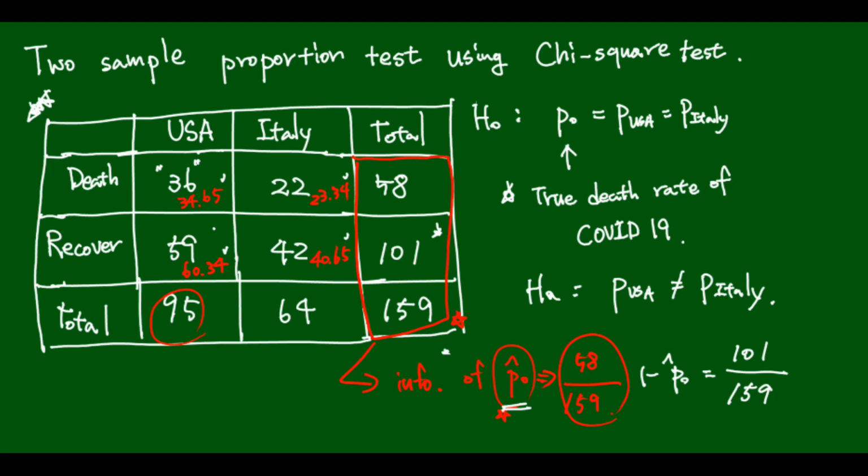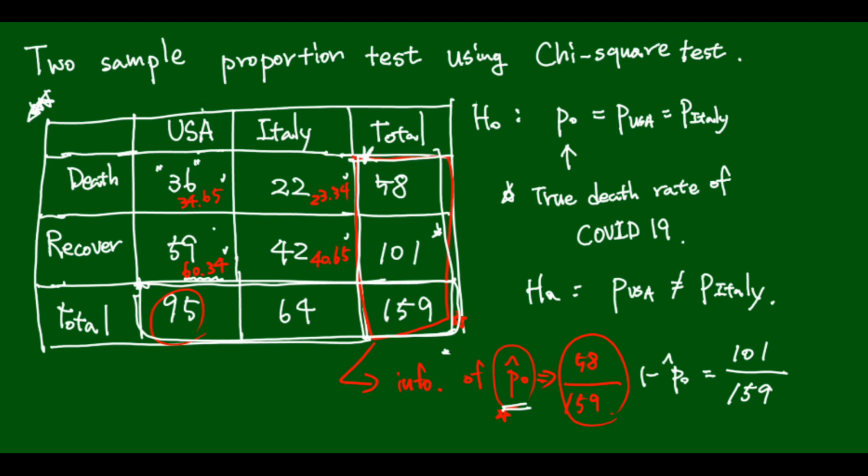When you think about the meaning of this expected count, we are calculating these numbers using only the information we can get from the marginal distribution, which means we don't look at each cell, we only use the information from this row and this column.